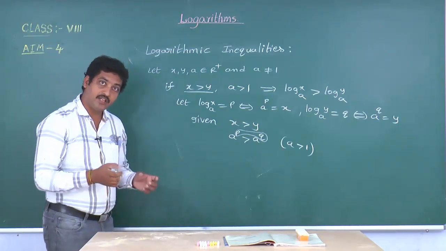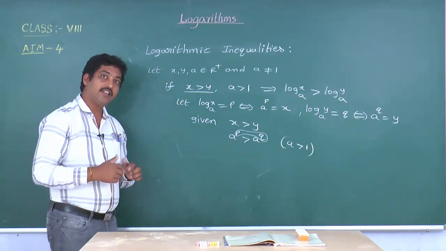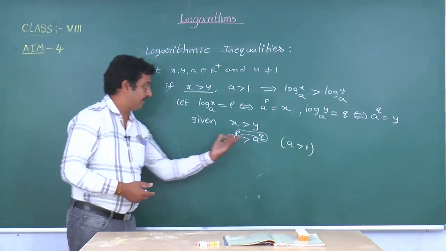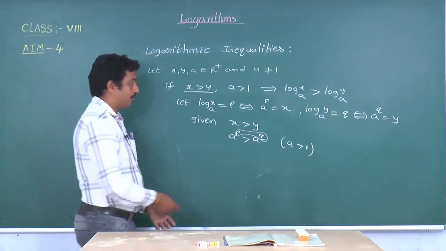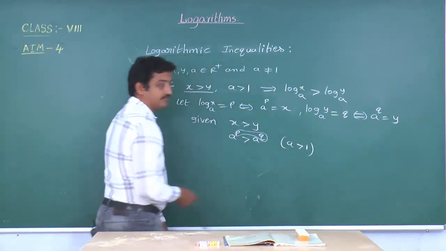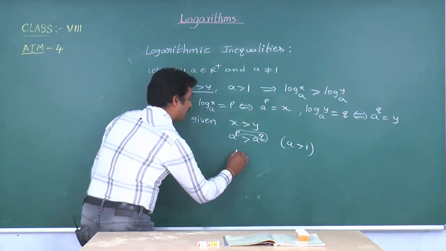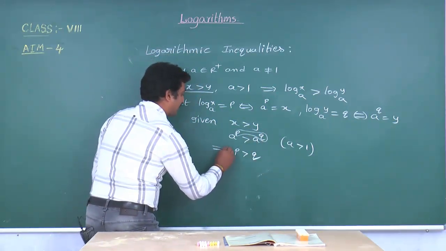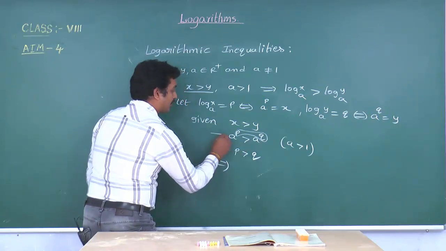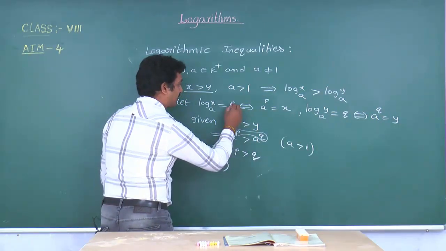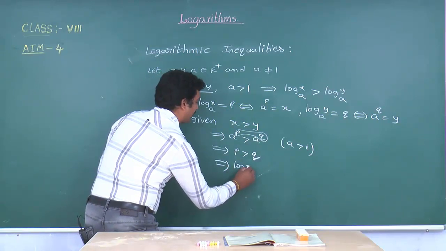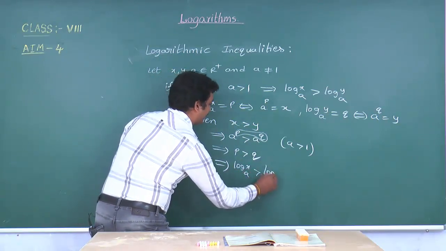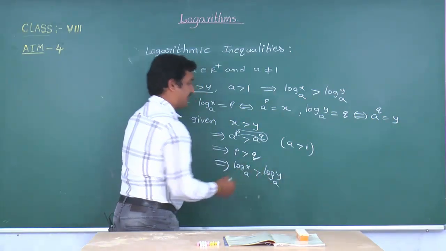Whatever the inequality between the exponents, the same inequality will be carried out for the powers also, since a is greater than 1. Now we have p is greater than q. What is p? Log x to the base a is greater than log y to the base a.